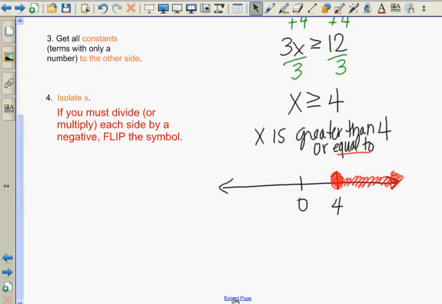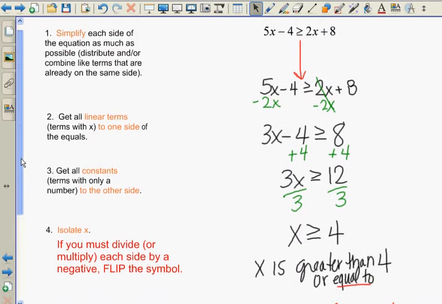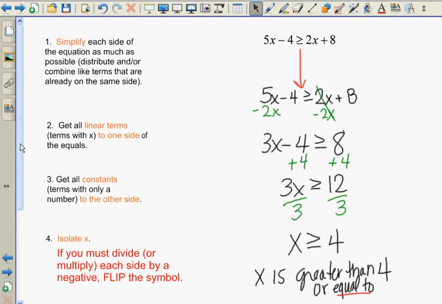This is kind of like your solid and dashed lines when you were graphing linear inequalities. Okay, so that is solving linear inequalities in a nutshell. Real quick one. Very similar to solving equations, you just have to remember if you divide by a negative to flip the symbol.